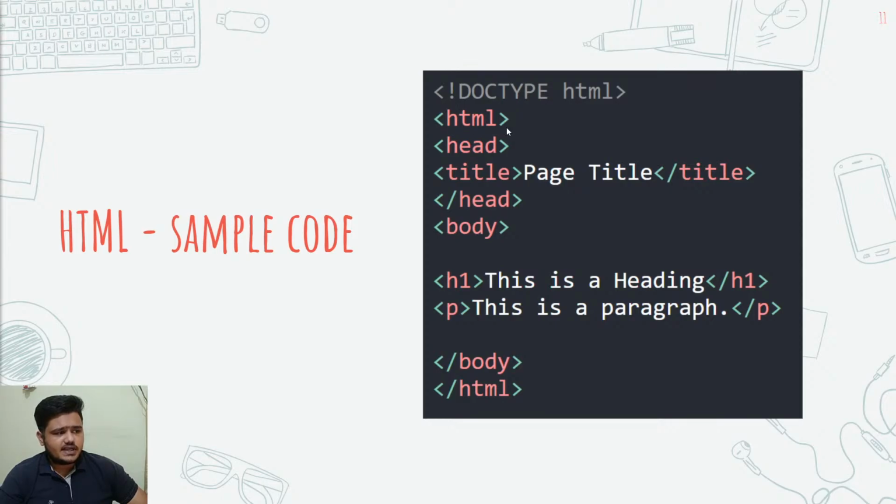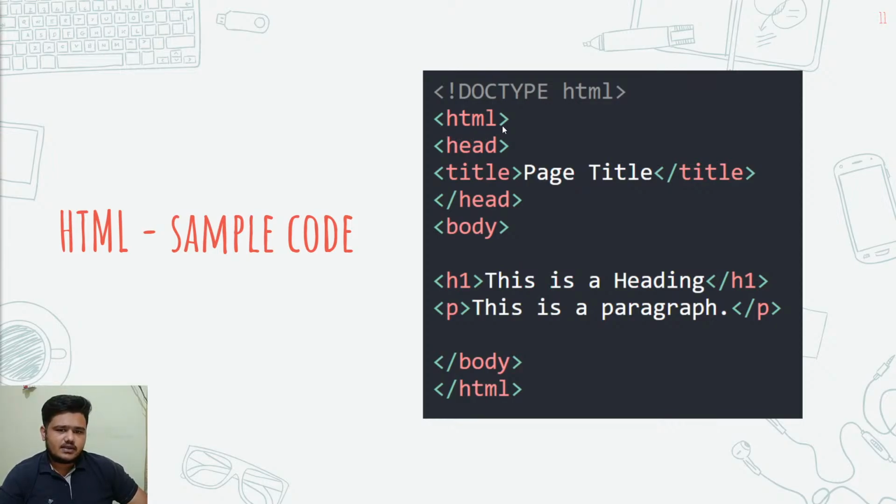So there is html, head, title, then body, h1, then there is a p, then closing tags, and so on. Let's understand what exactly these tags stand for. The first thing that we see is the doctype html. What this tag declares is that this document is written in HTML5.